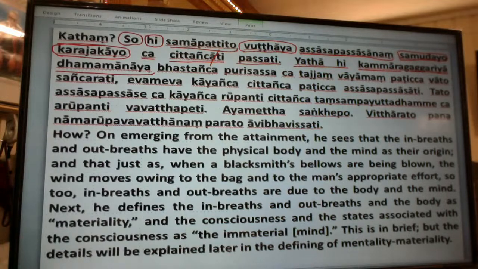So the fire element and the wind element are related elements. If you want to make more fire, you need to blow with the wind, isn't it? So that is the nature of how the blacksmith works. Dhammamanaya, blowing with the air.